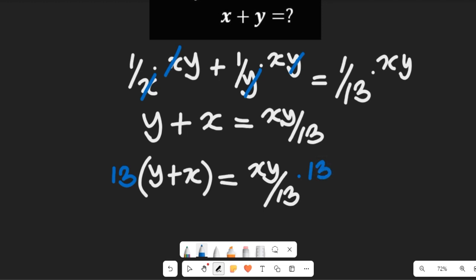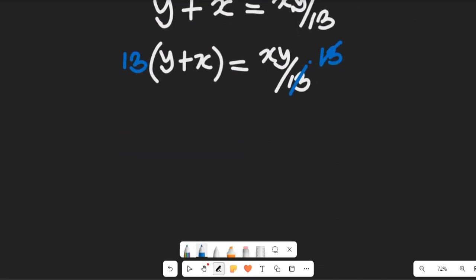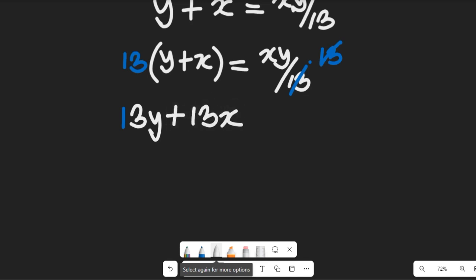So definitely 13 will clear up 13. That ends the fraction saga, and then this expression gives us 13 times y will give us 13y plus 13x, and that will be equal to xy.